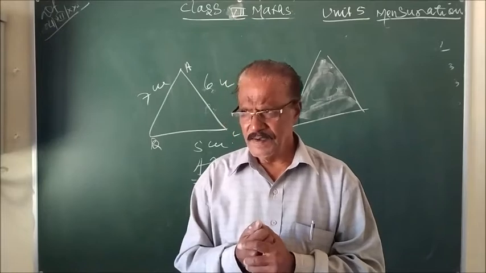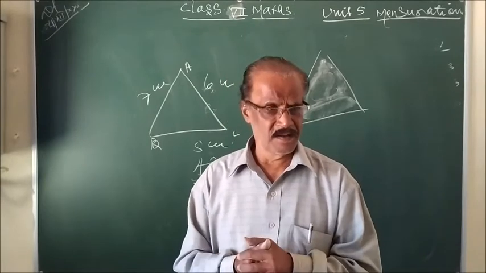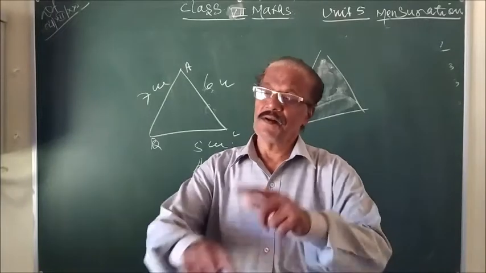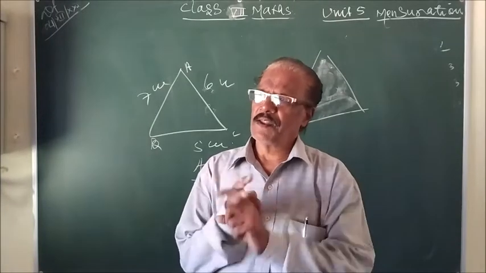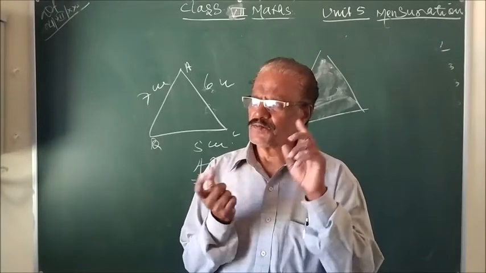But especially we are learning about a square and a rectangle, so we should concentrate on only these two. Perimeter of a rectangle is 2 into length plus breadth.